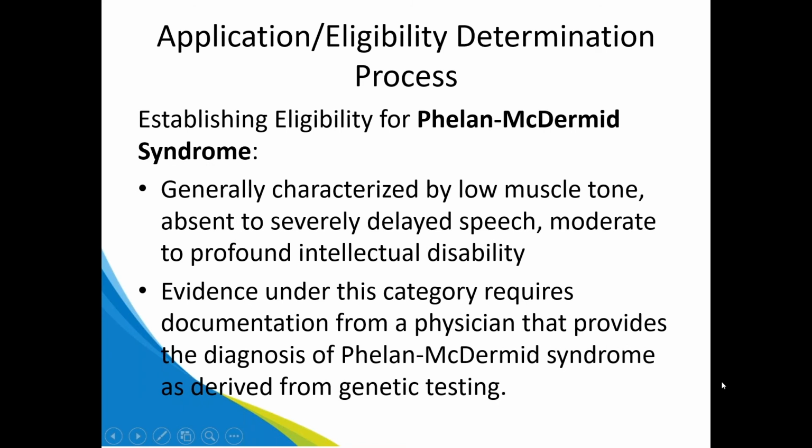Establishing eligibility for Phelan-McDermid syndrome. Phelan-McDermid syndrome is a rare disability. Children are born with a specific chromosomal abnormality. Although the range and severity of symptoms may vary, Phelan-McDermid syndrome is generally characterized by low muscle tone, absent to severely delayed speech, moderate to profound intellectual disability, minor, malformed, or misshapen features, symptoms of autism spectrum disorder, motor delays, and epilepsy.